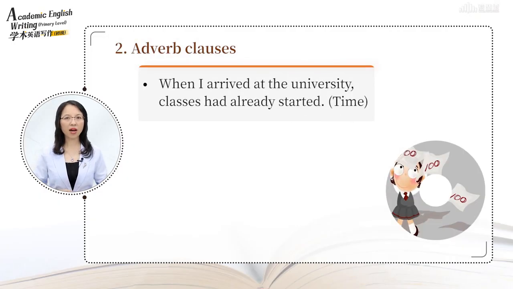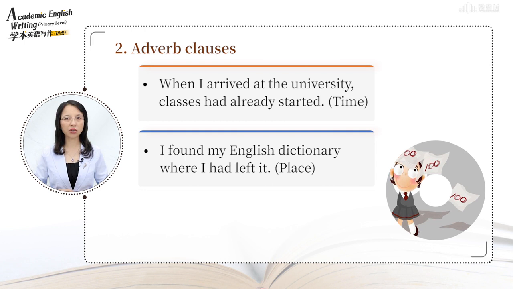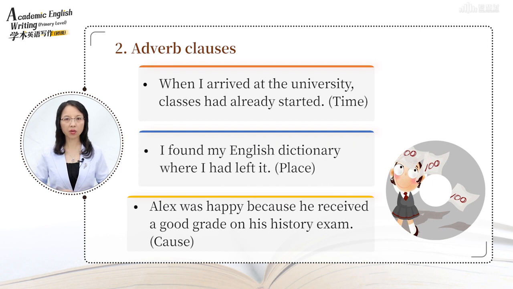Look at the following examples. The underlined part in each sentence is an adverb clause. When I arrived at the university, classes had already started. Time. I found my English dictionary where I had left it. Place. Alex was happy because he received a good grade on his history exam.